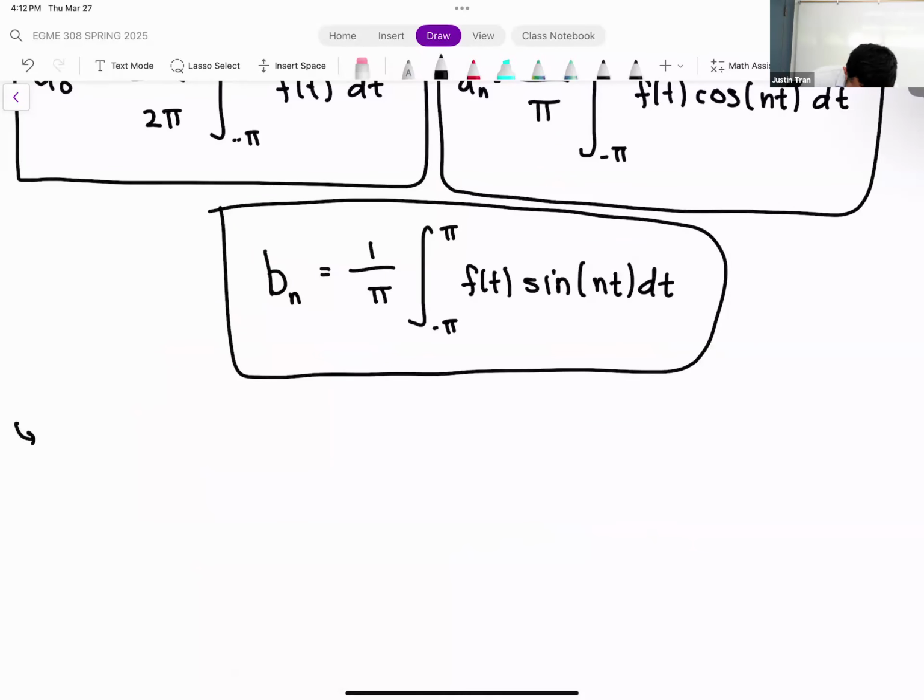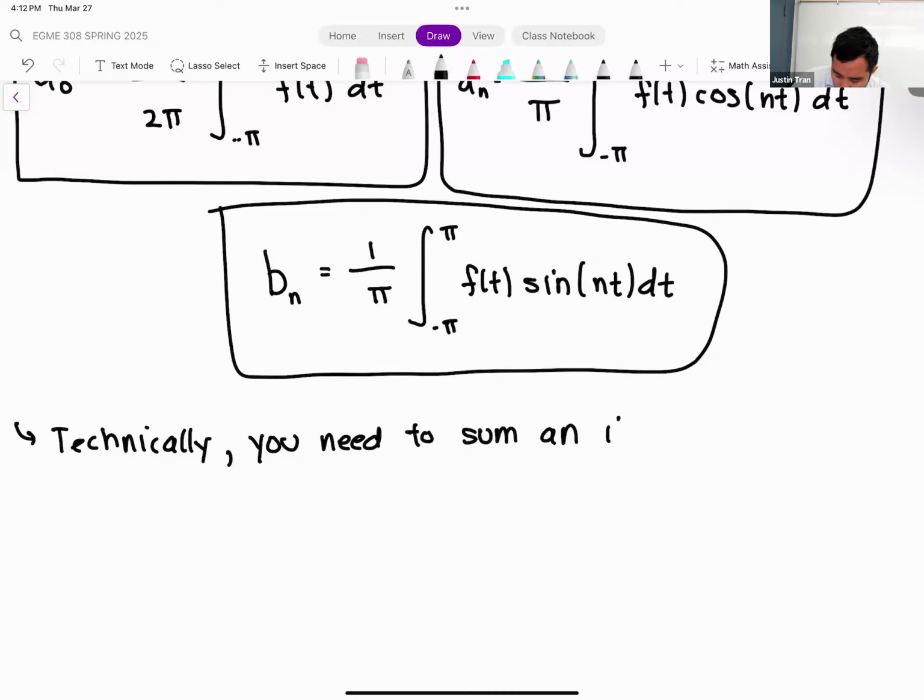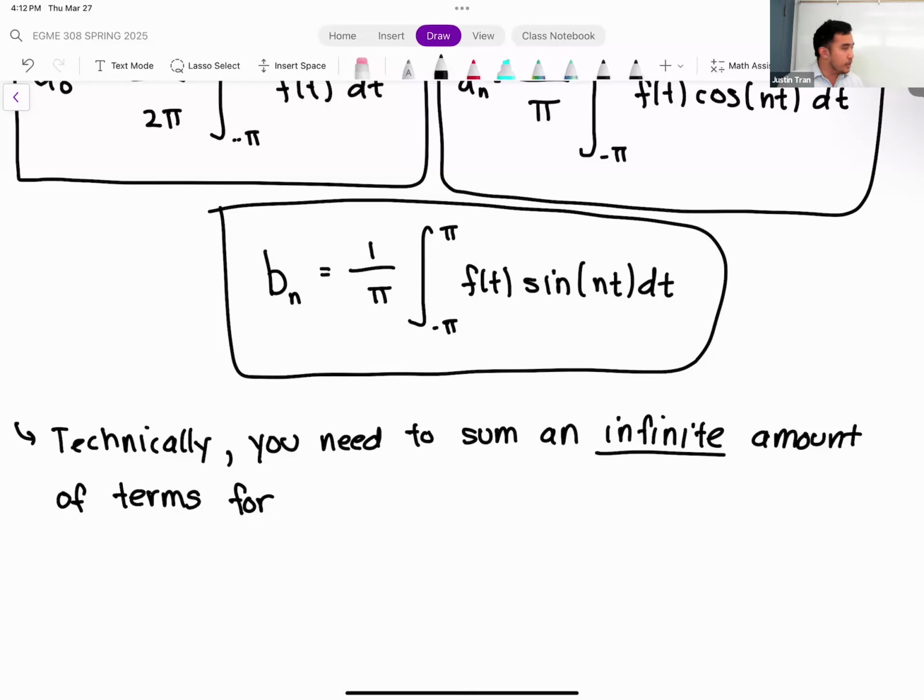Okay, so technically, you need to sum an infinite amount of terms for the Fourier series to be exact.